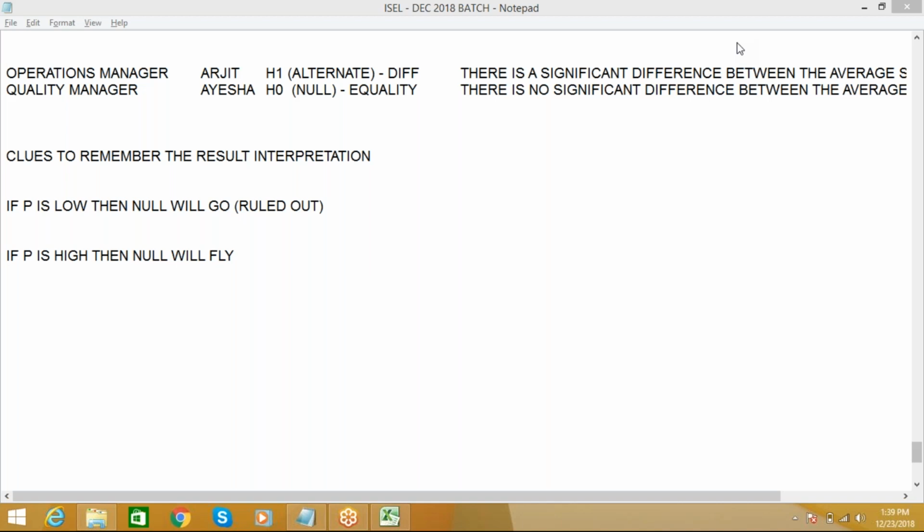Okay, now suppose I say that the confidence level for this test is 95%, then what do you understand by this? Maybe I can just put it in Excel.